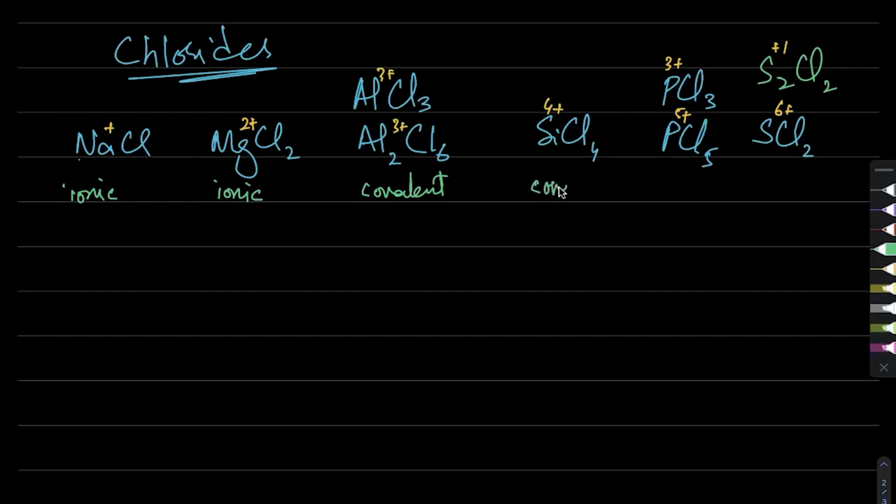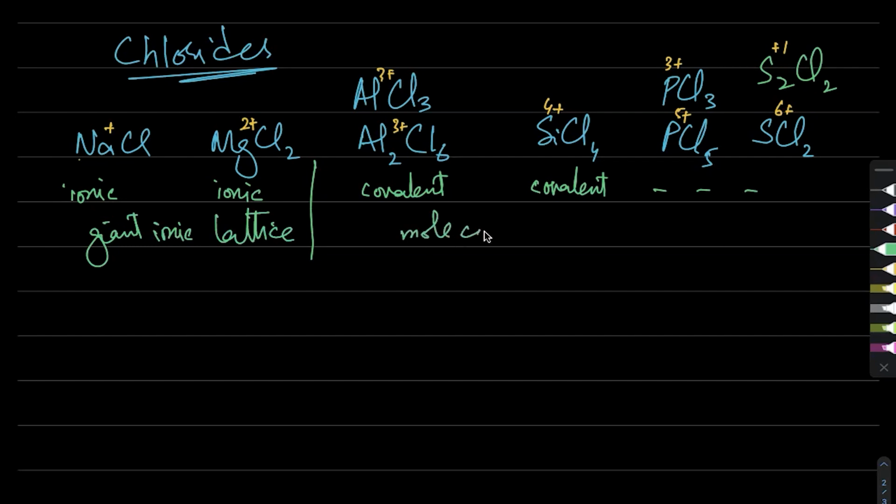Okay, this is covalent and they're both molecules, and so on for these two. All of them are molecules. These two are giant ionic lattices, but all these four, in fact, the rest of them as well, they are molecular structures, simple molecular structures. Okay, that's the structure. And the examiner does ask you sometimes that describe the structure of this chloride and all that.